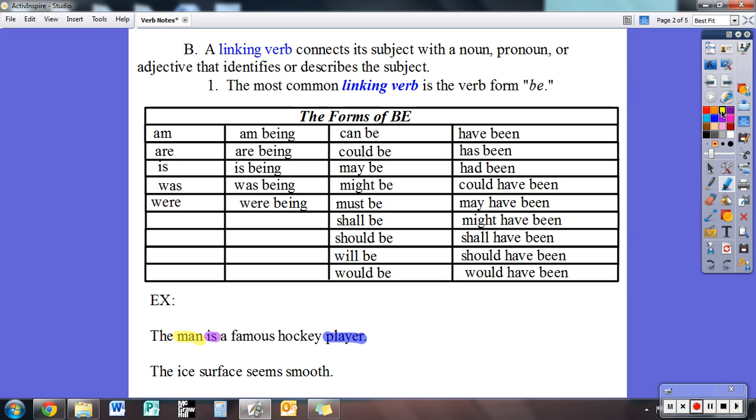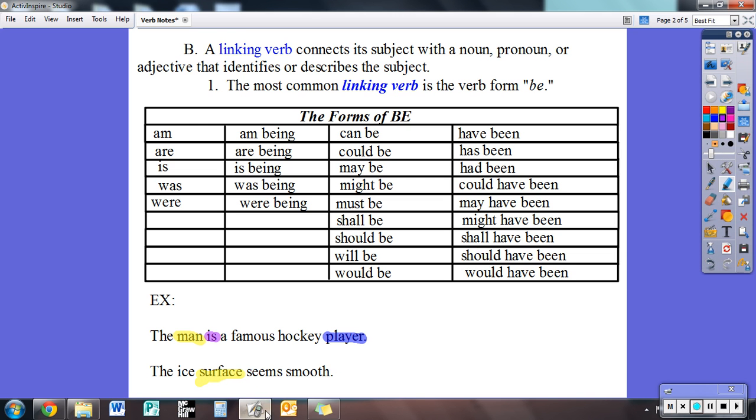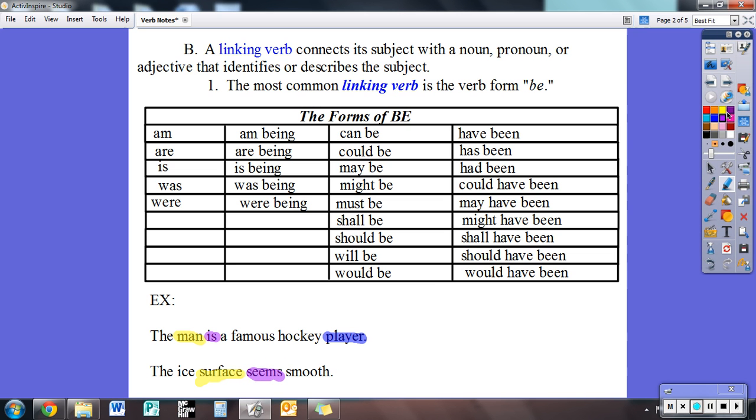The ice surface seems smooth. All right, so what's my subject? Ice is describing surface. Surface is my simple subject. My verb is seems. Seems what? Seems smooth.